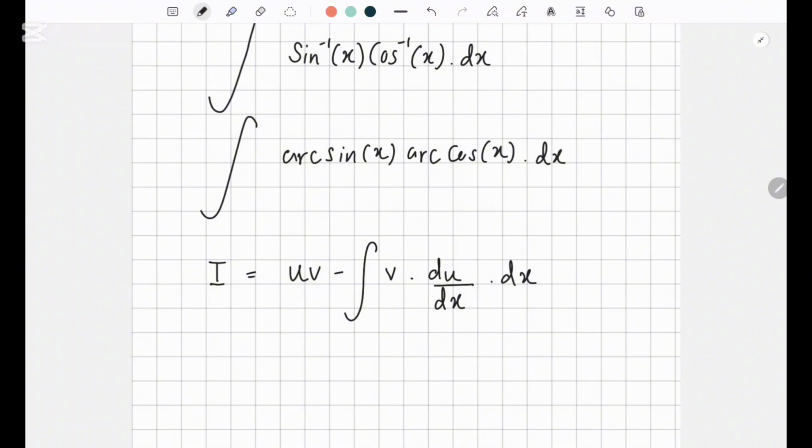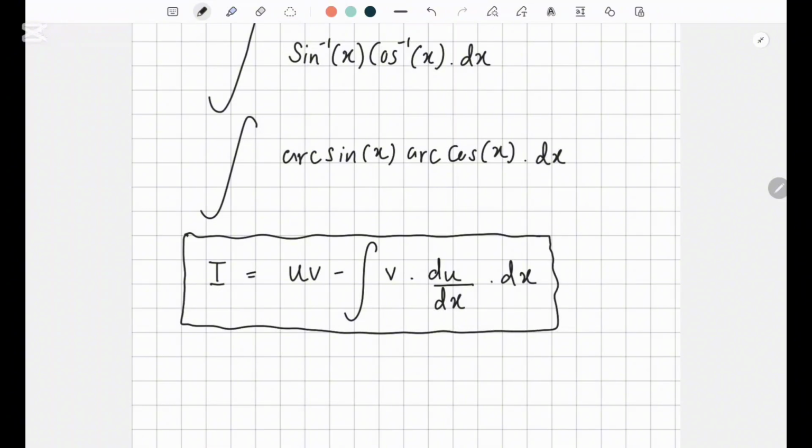So you use integration by parts, so you have to take one term as u and the other term as dv over dx. So it's like this. In this case, we know what the differentiation for sine inverse x and cos inverse x is, right? But we don't know what the integration is for sine inverse x and cos inverse x.